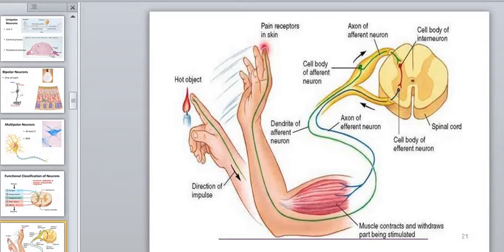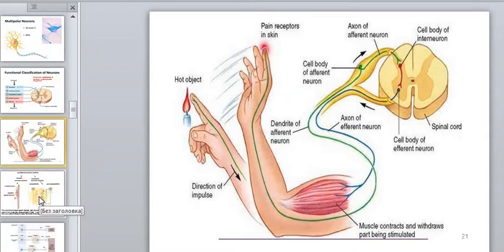Neuron function remains always the same, and you see in the central nervous system we have some neurons, and in the peripheral part of the nervous system we have nerve cells too.